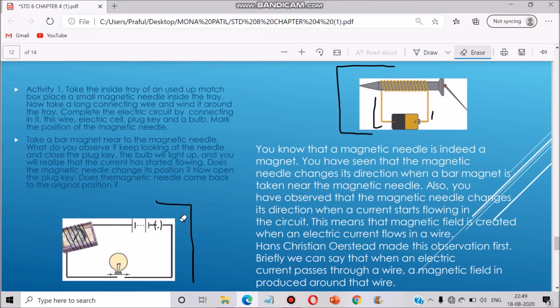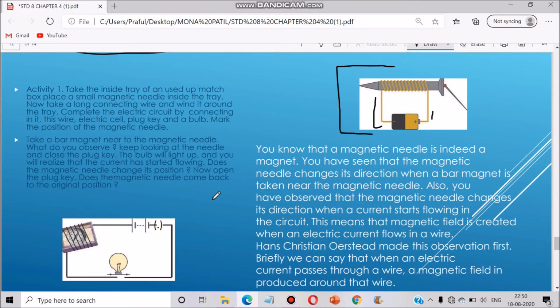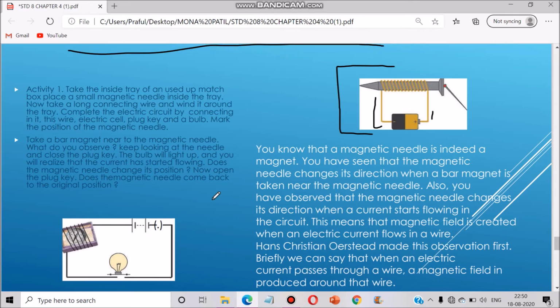So what does this deflection of the needle show? It shows that a magnetic field has formed around the current. You know that a magnetic needle is indeed a magnet. You have seen that the magnetic needle changes its direction when a bar magnet is taken near it.